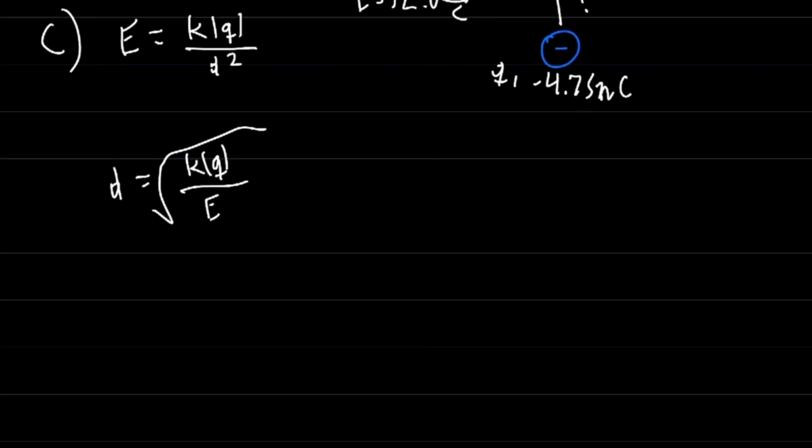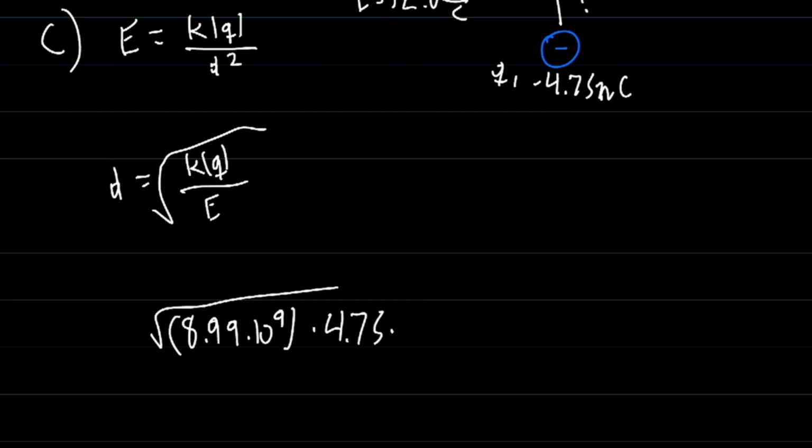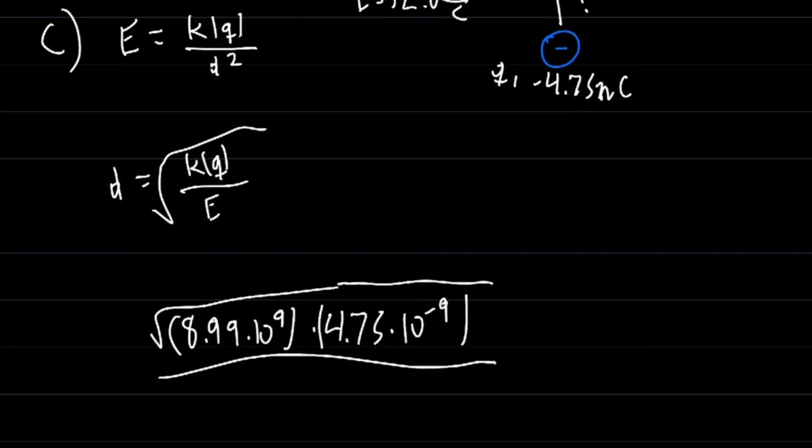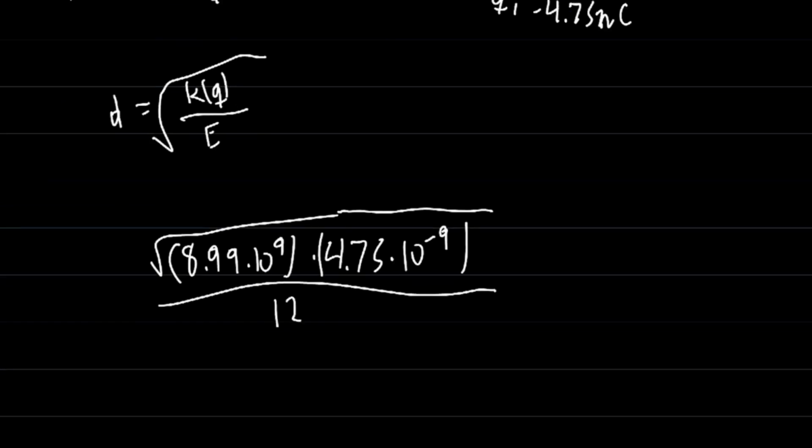And now we could just plug in again, and say that 8.99 times 10 to the 9th times 4.75 times 10 to the negative 9th, over 12.0.